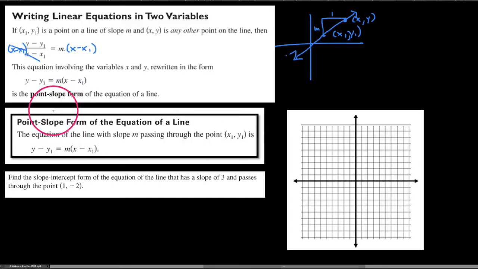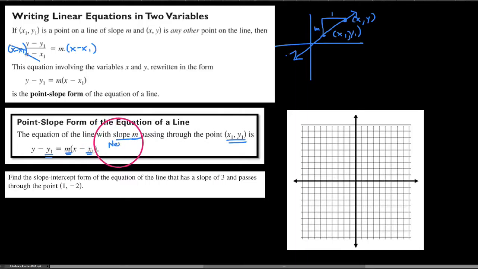This point slope form gets its name because we need two things in order to write the equation of a line in this form. The equation of a line with slope m, passing through the point (x1, y1), is given thusly. So the values we're always going to need to know in order to write the equation of a line are the slope and a point on that line.